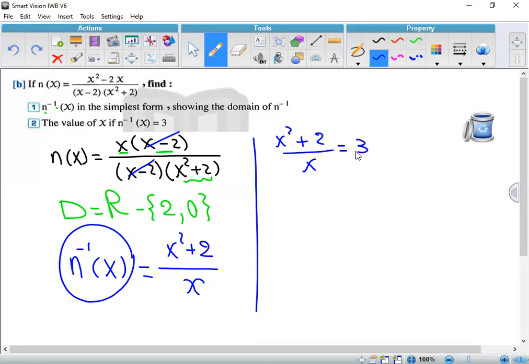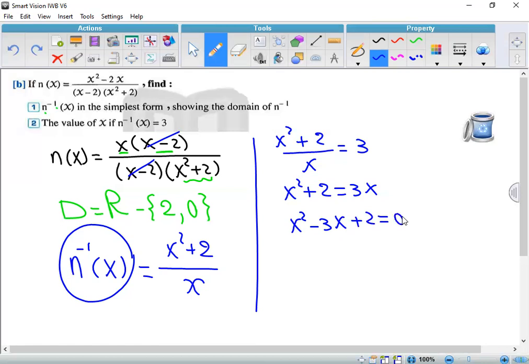Cross multiplication, then x power 2 plus 2 equals 3x. x power 2 minus 3x plus 2 equals 0.